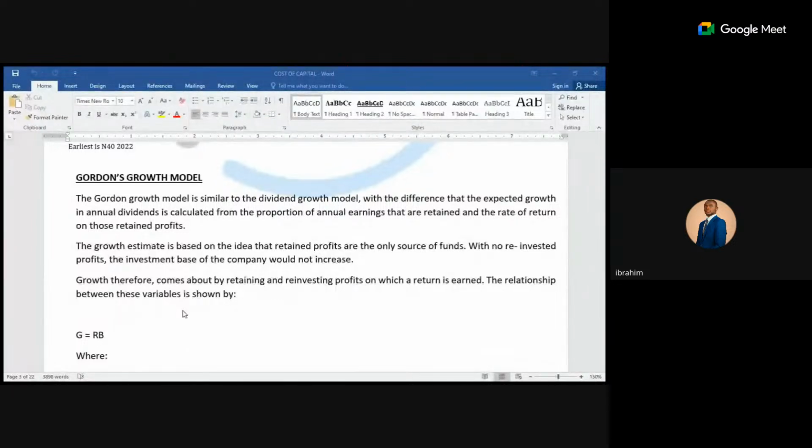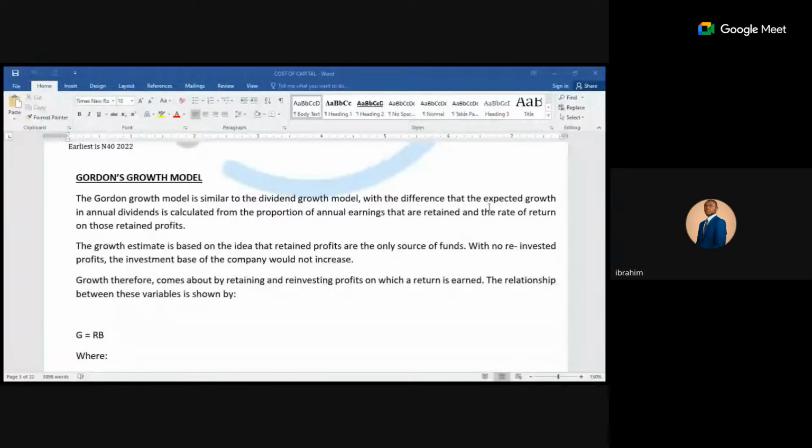I equally explained that the method to be used will be determined by the question or the requirement. Under the dividend valuation method, there are two methods: the dividend without growth and the dividend with growth.